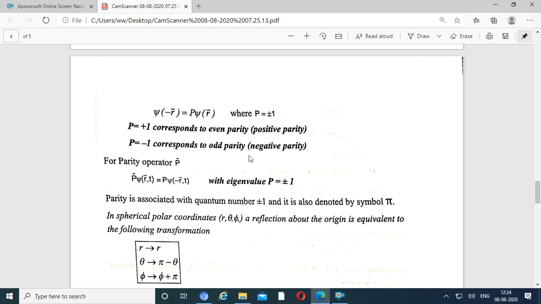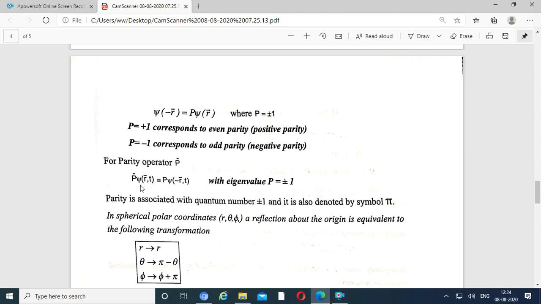If P equals 1, it corresponds to even parity, meaning the parity operator is positive, and if P equals minus 1, it corresponds to odd parity, that is negative parity.